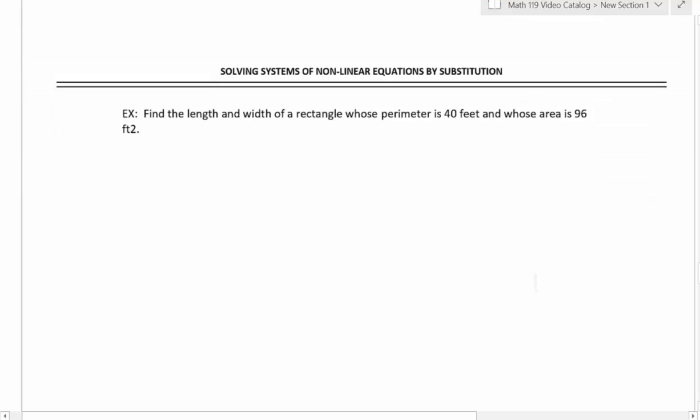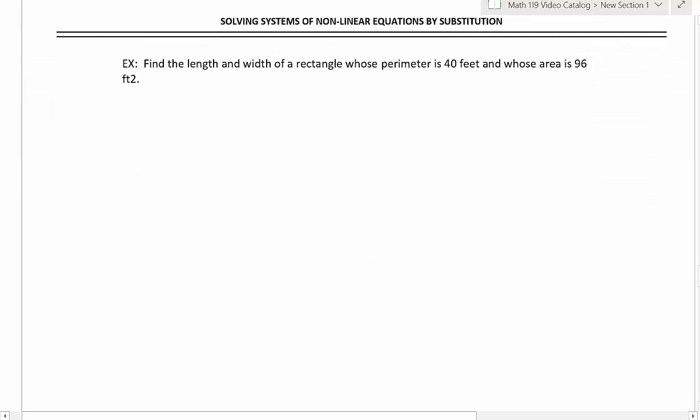All right, so let's look at an application. We want to find the length and width of a rectangle whose perimeter is 40 feet and whose area is 96 square feet. Well, the first thing we need to do is get our equations. I'm going to draw a rectangle.